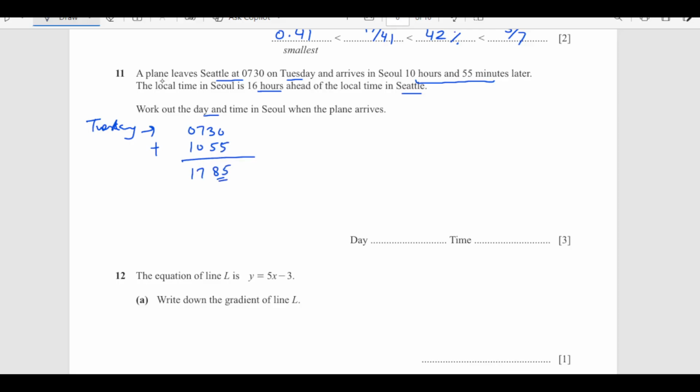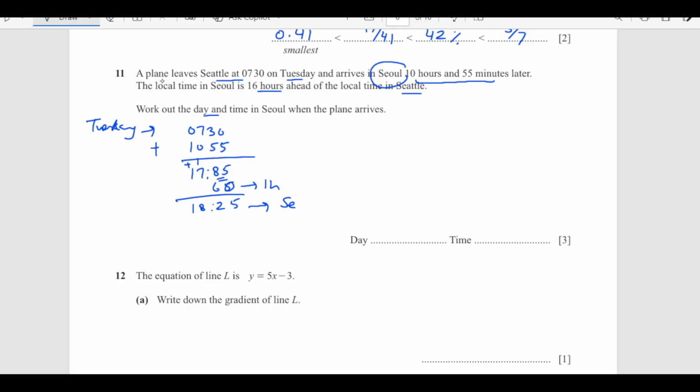Now this 85 has exceeded 60, so I'll subtract 60 minutes from here. When we subtract 60 minutes, we have 25, and this 60 becomes 1 hour, and we are going to add 1 to the hours, so it is 18:25. So at 18:25 the plane is in Seoul, right?